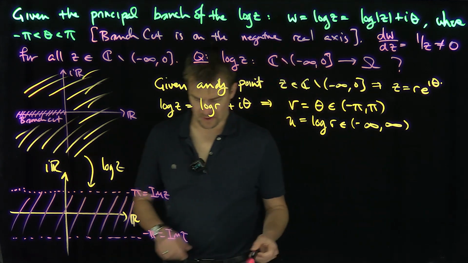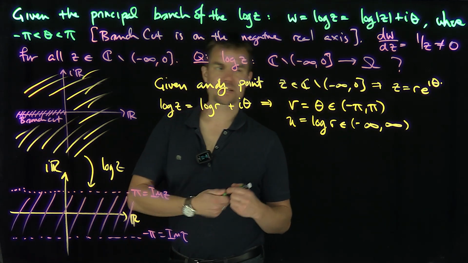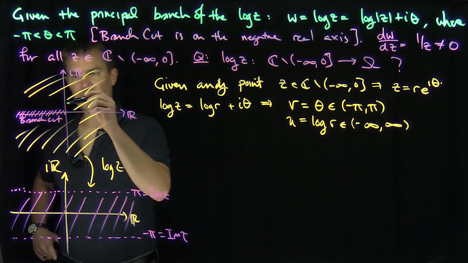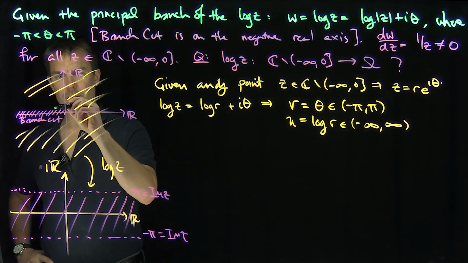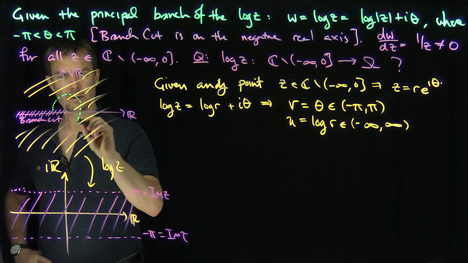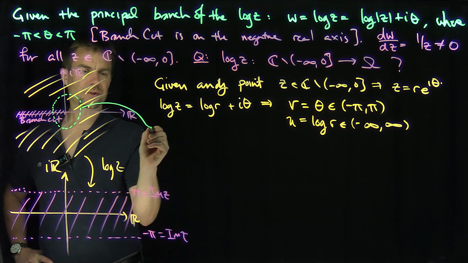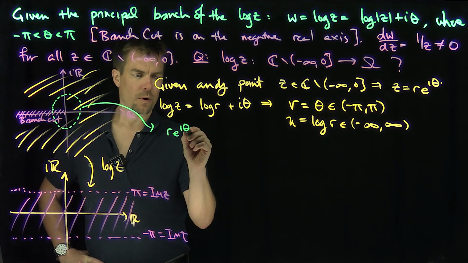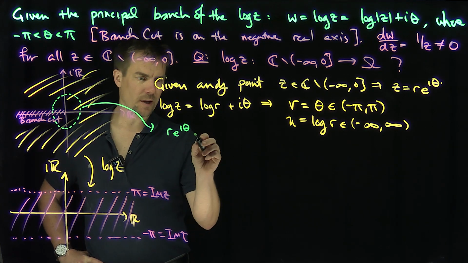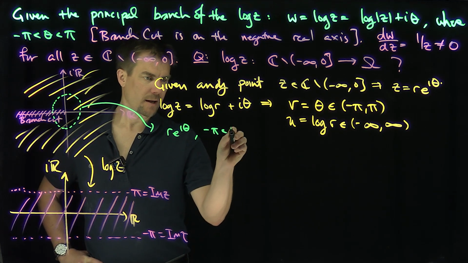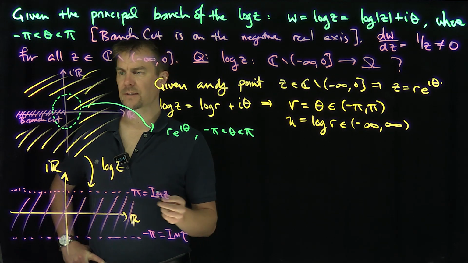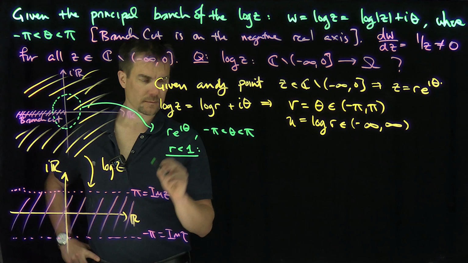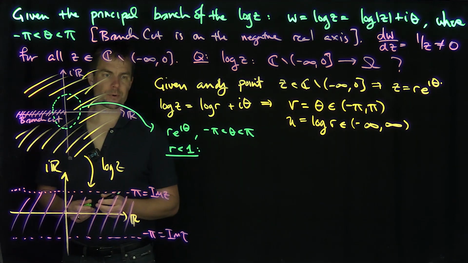Good. Let's look at some specific cases. Let me draw, for example, this circle over here, this green circle. I'm going to parameterize that as r e to the i theta, where theta is between negative pi and pi, and let's say that r is less than 1. So what's going to happen when r is less than 1?